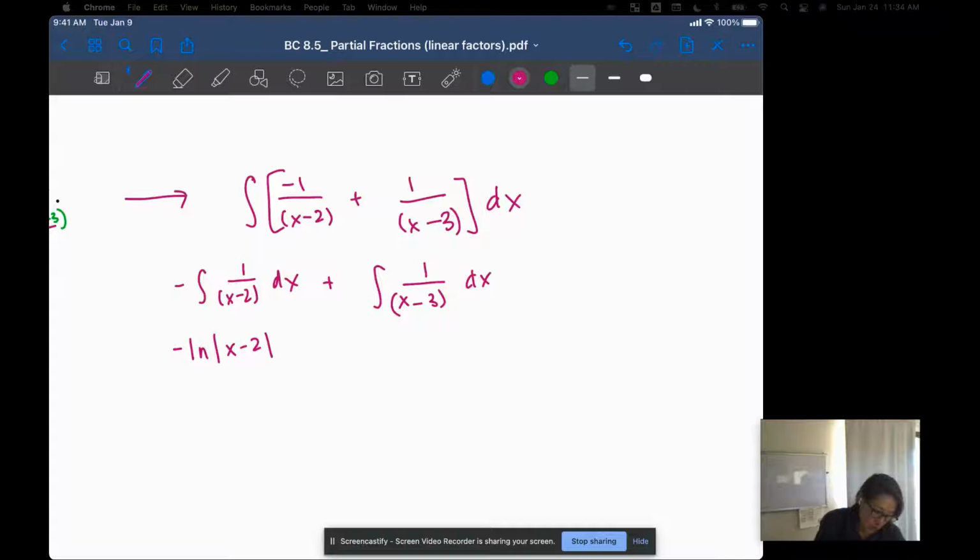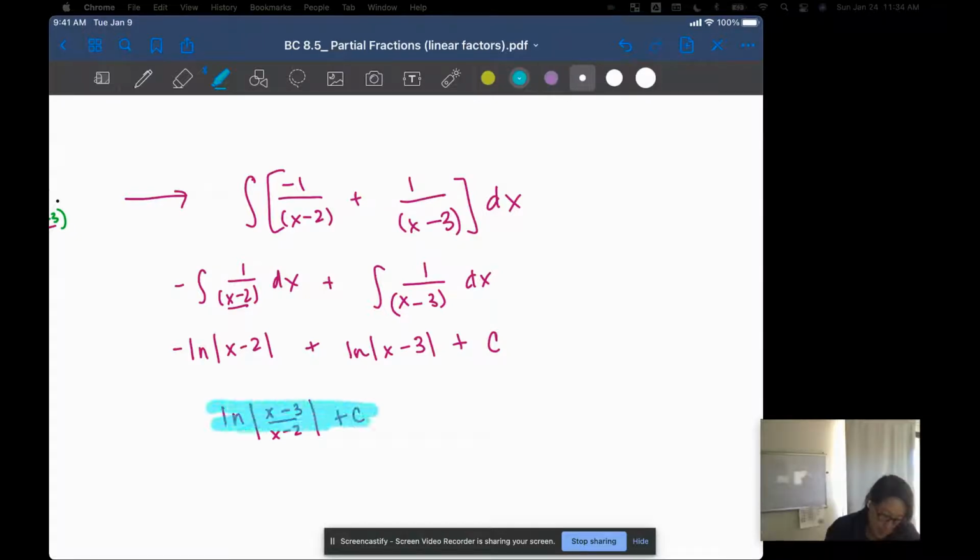And then I do have to divide by the derivative of x minus 2, which is just 1, so that's it, plus the ln of the absolute value of x minus 3, and then plus C. Lastly, because these two logarithms are being subtracted, I can use the quotient rule for logs to divide the input. So I get ln of the absolute value of x minus 3 over x minus 2 plus C. That's it.